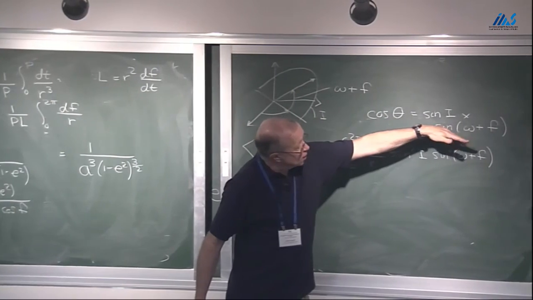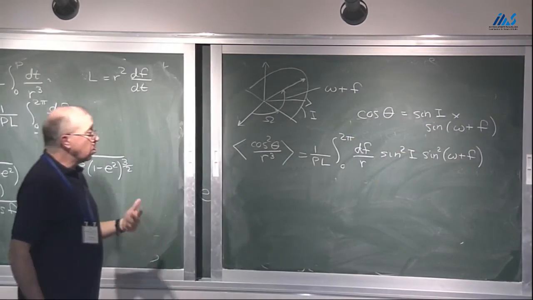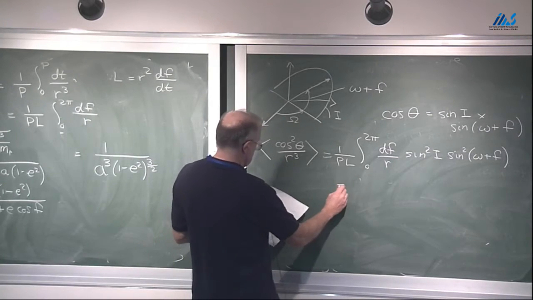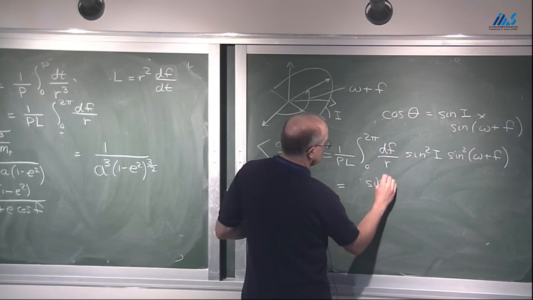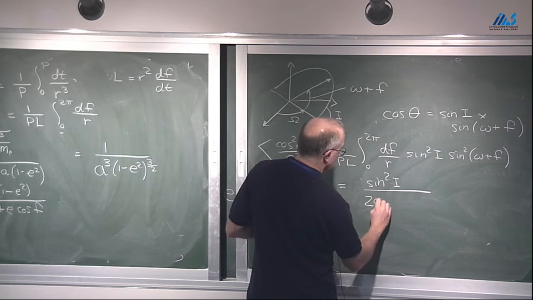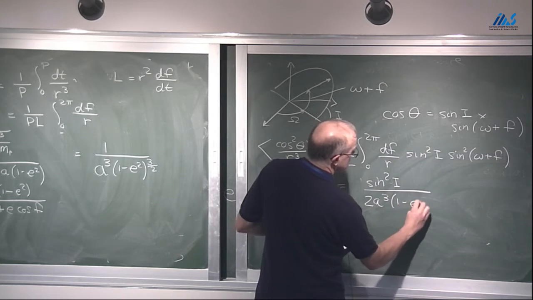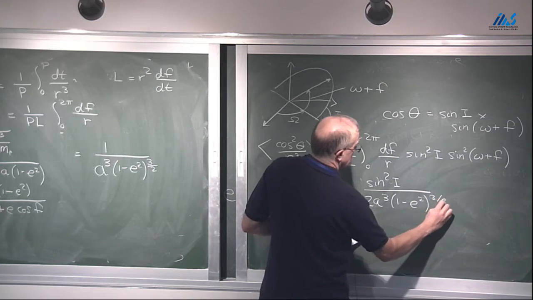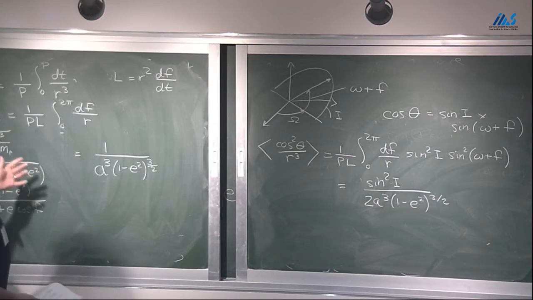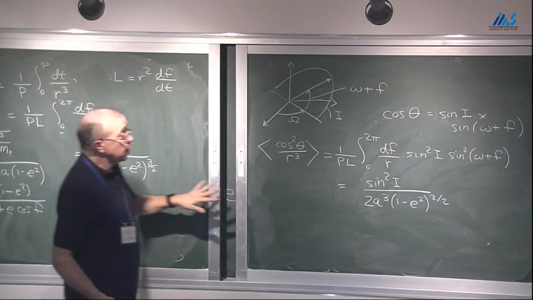And when you expand out the sine, all of the integrals are easy. The answer turns out to be sine squared i over 2a cubed (1 minus e squared)^(3/2). So we have the two averages that we need.